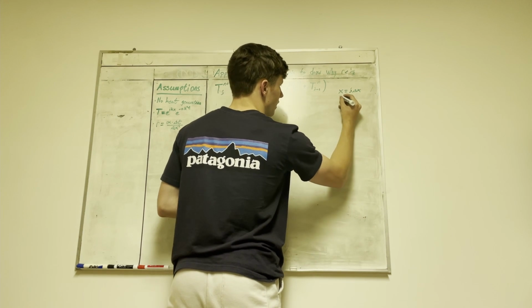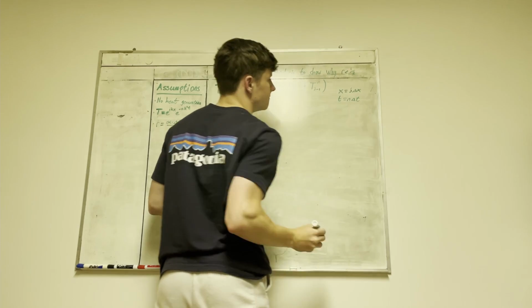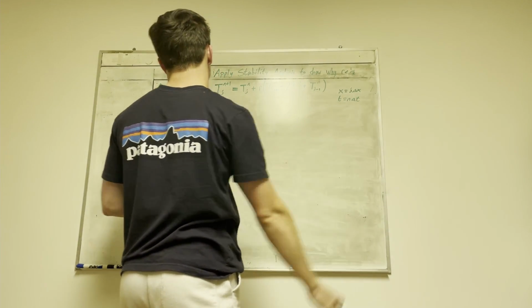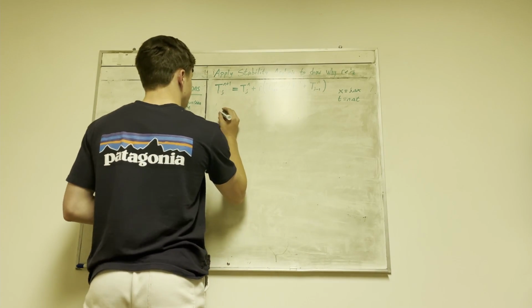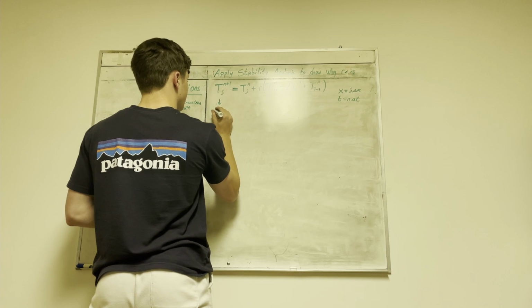It goes the same way for time, so that'll be n times our delta t. That will end up being used when we plug this back in and start simplifying.